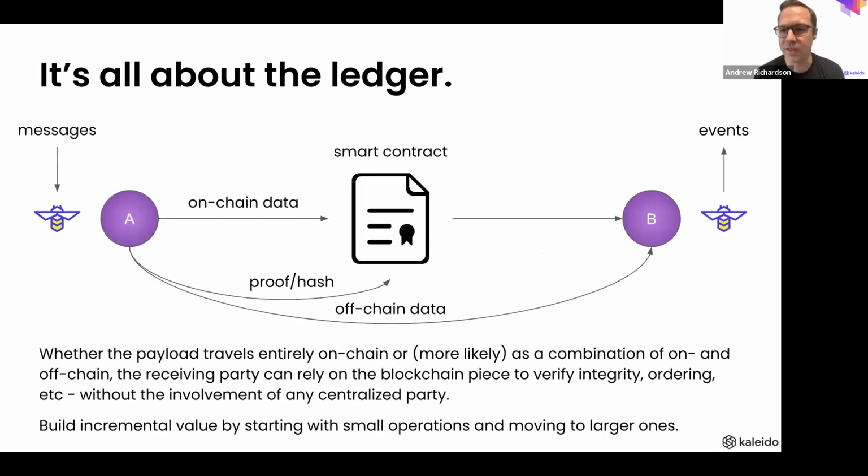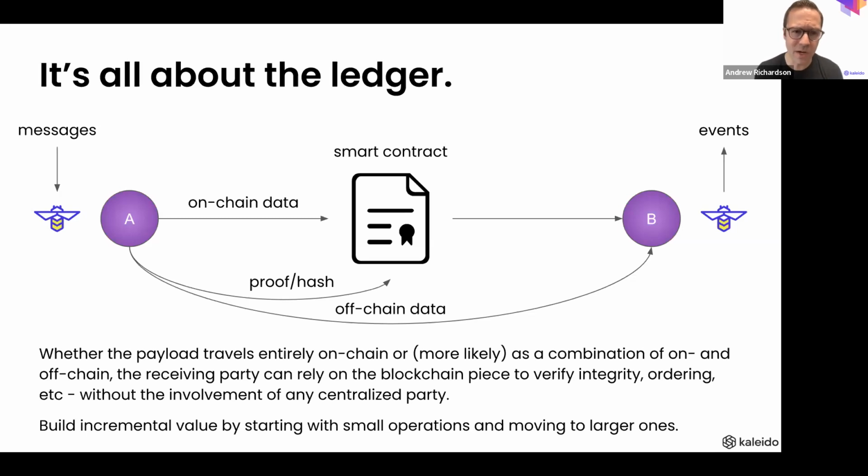A picture of what this looks like, again putting FireFly in here because it's a really powerful way to manage this data. They're going to take a lot of different forms. Look at one place where I'm sending data from company A to company B. It's probably going to be a combination of on and off chain data, because as I said, it's very rare in a business case that all of my data for a transaction can go onto my side chain for every member of my consortium to see.